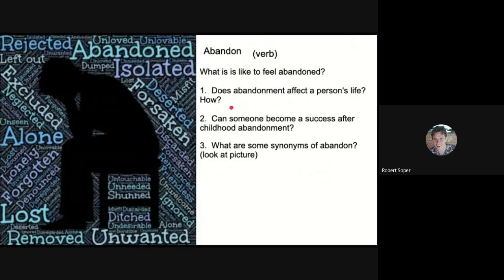Think about how it might affect a person's life. Well, if someone feels abandoned, they might feel like they've been left alone. They might feel like they were rejected by the people who were meant to care for them.